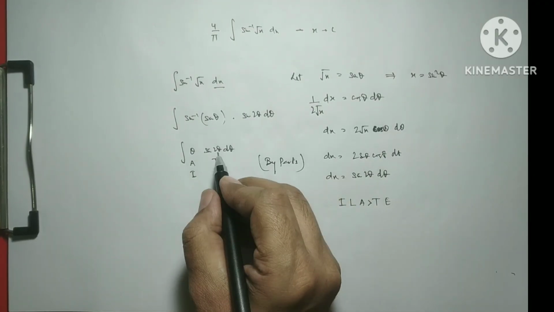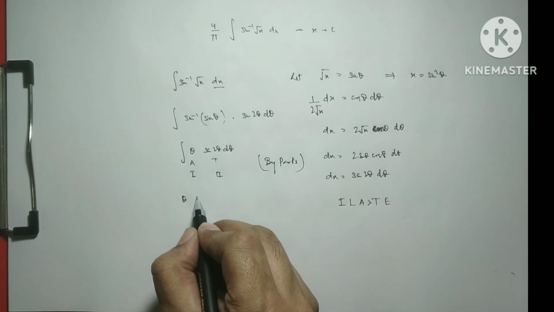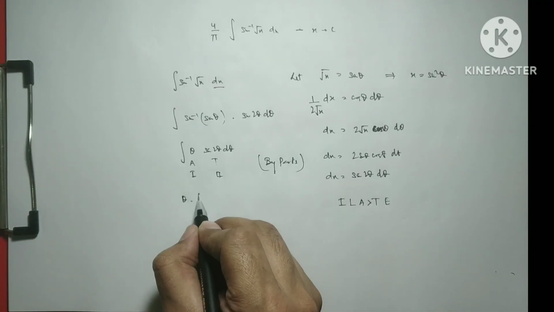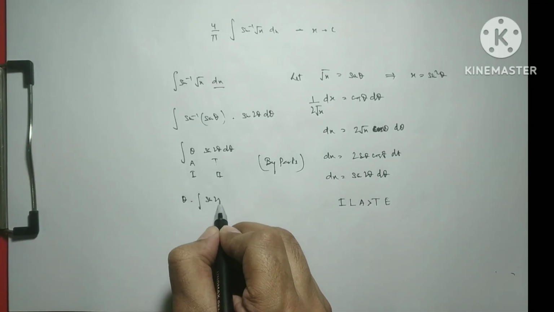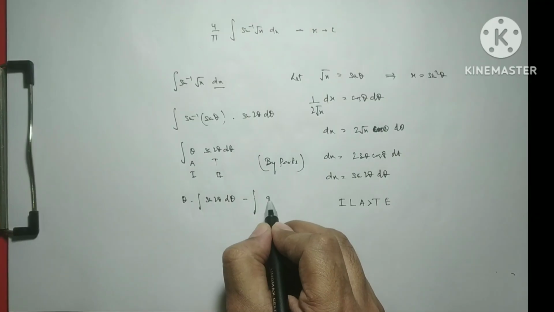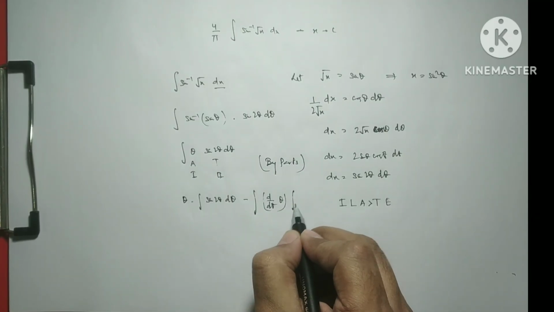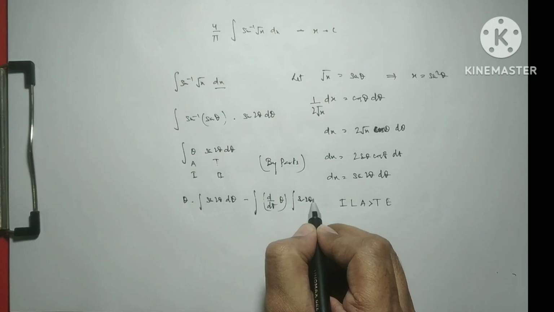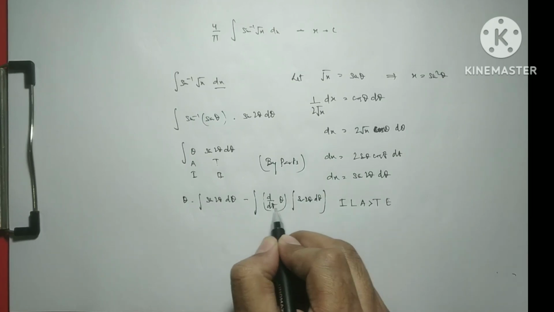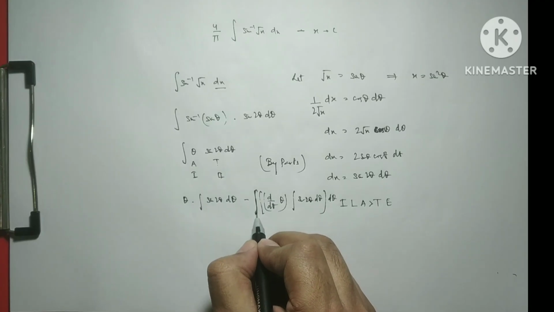According to the by parts multiplication method, theta as it is, integration of sin 2 theta, minus the differentiation of theta and the integration of sin 2 theta d theta, and overall once again integration.